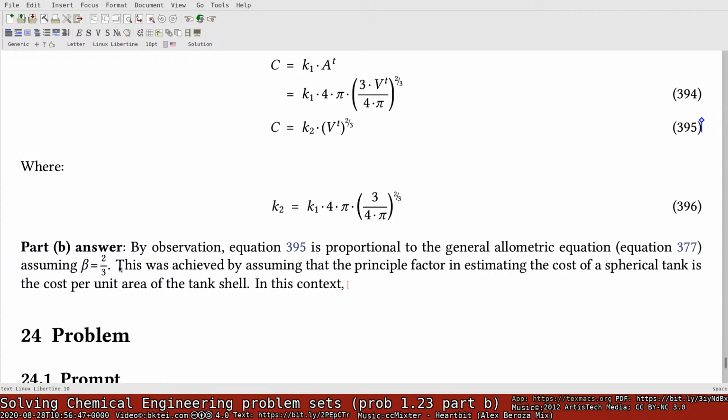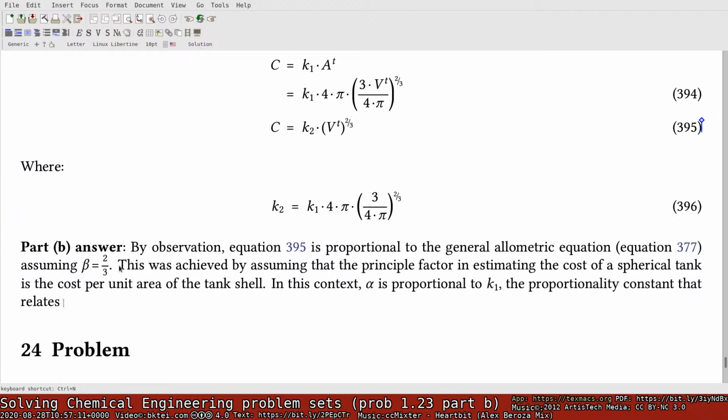In this context, alpha is proportional to K sub 1, a constant that relates equipment tank cost with surface area.